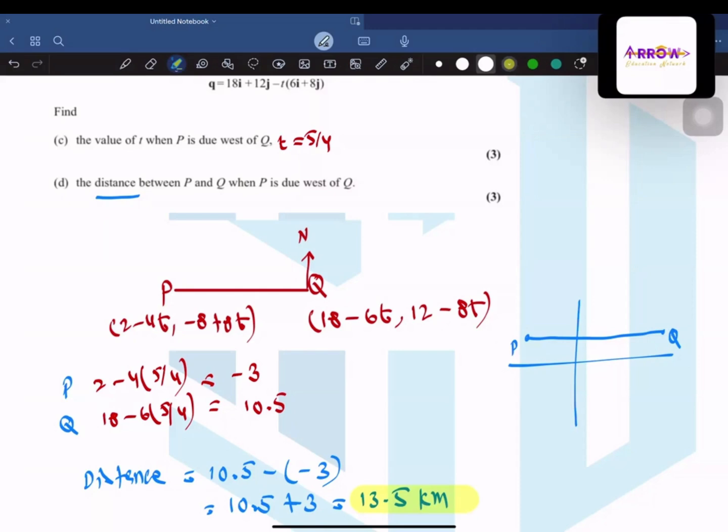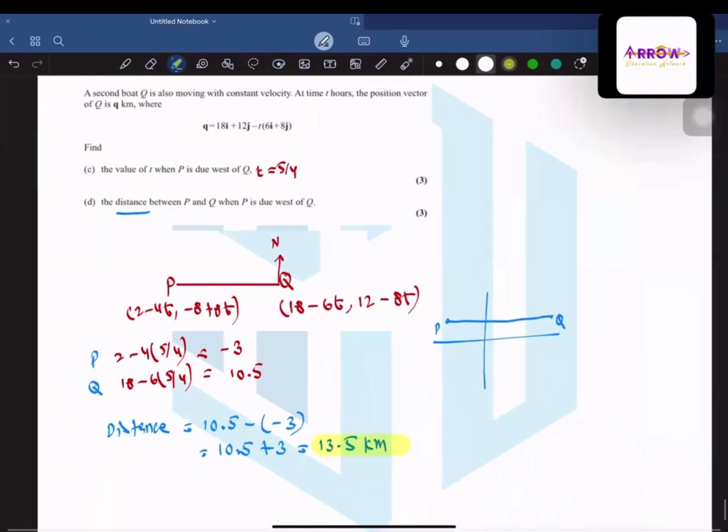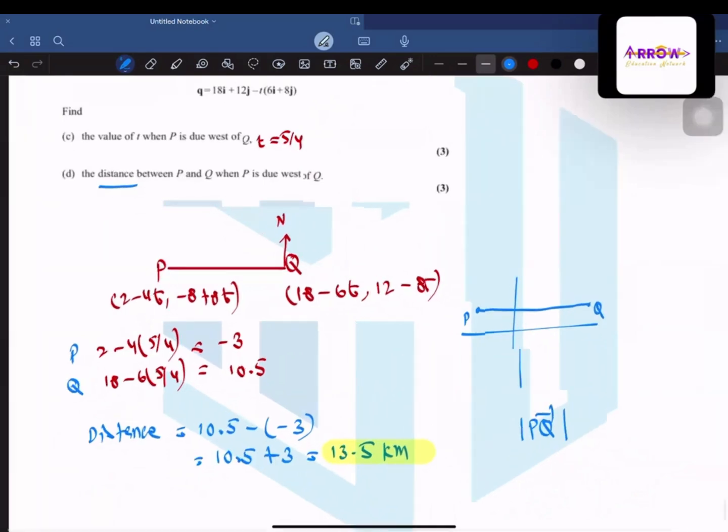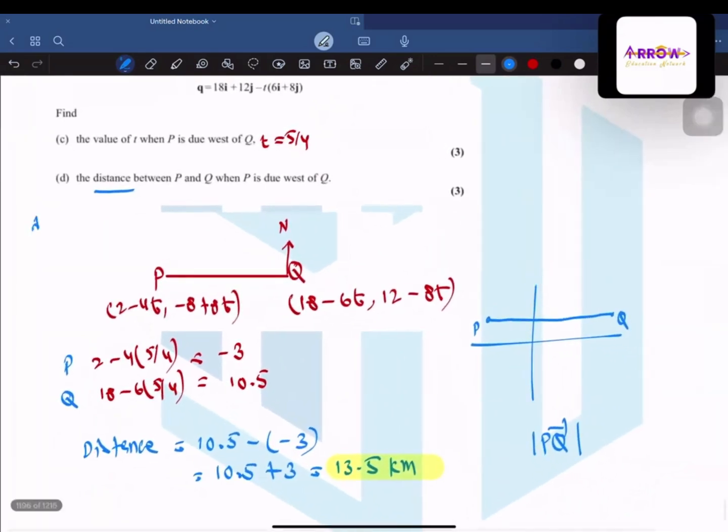As simple as that. Nothing else. It is exactly the same thing as saying finding the distance between P and Q, so the magnitude of the vector PQ, or you can say the magnitude of the vector QP. So we have found the distance over here. So this was basically the requirement of part D.